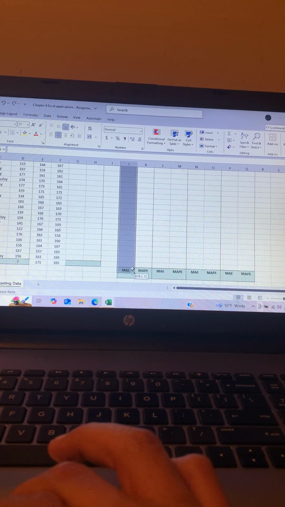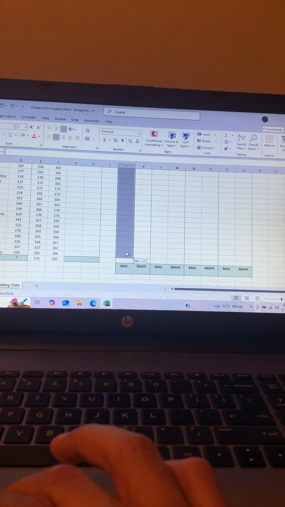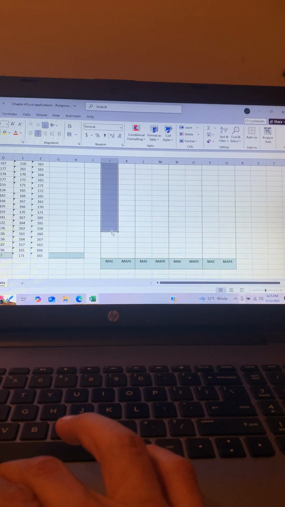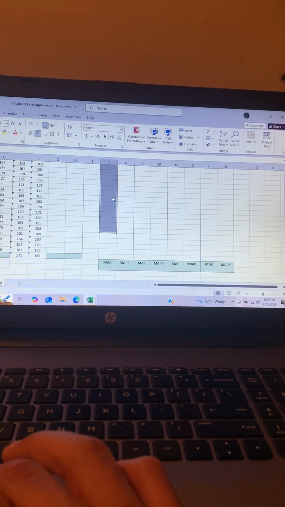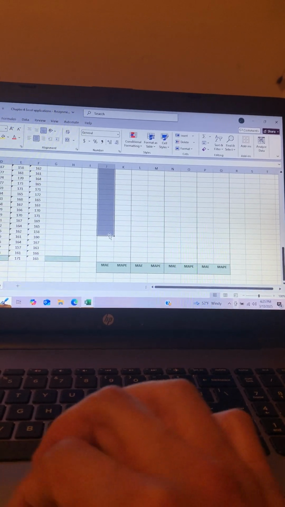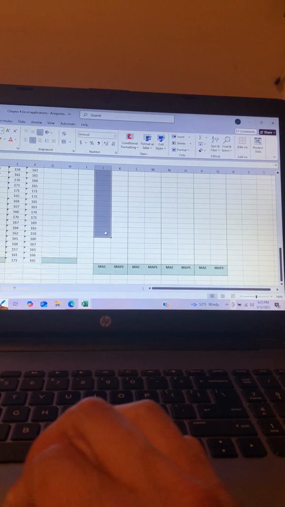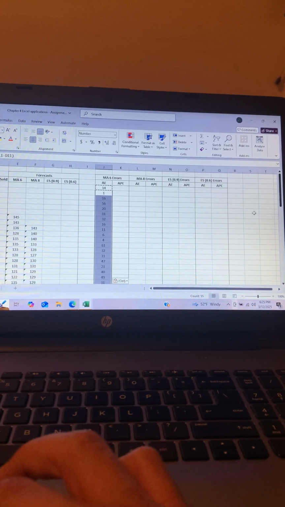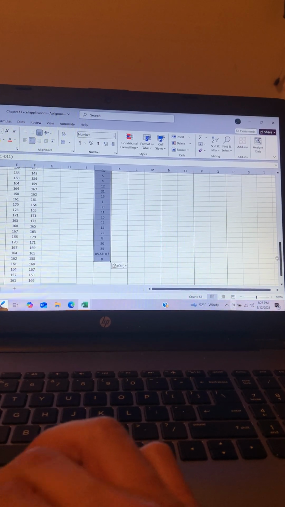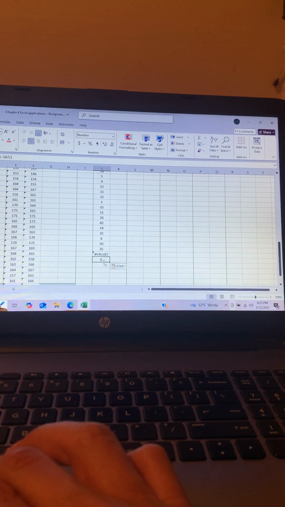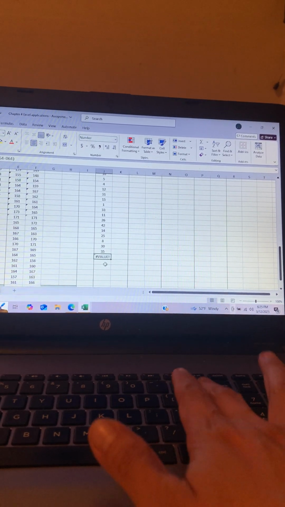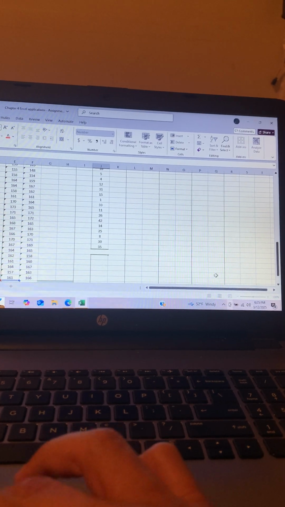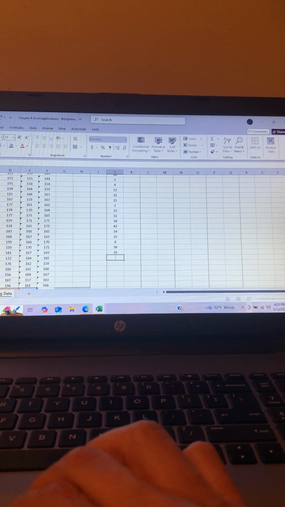How many days? There should be 1, 2, 3, 4, 5, 6. Let's see if it does it. Okay, so it does it. I went too far, so we can just erase these last two. All right, so that's it for the other days.